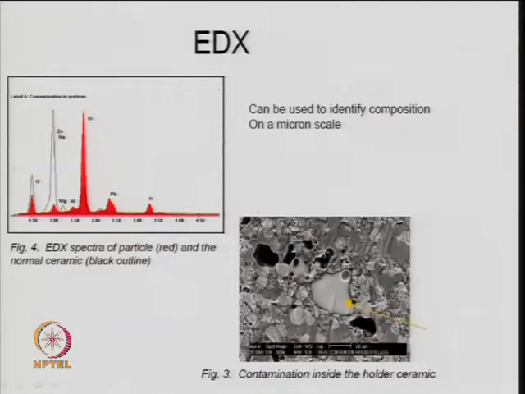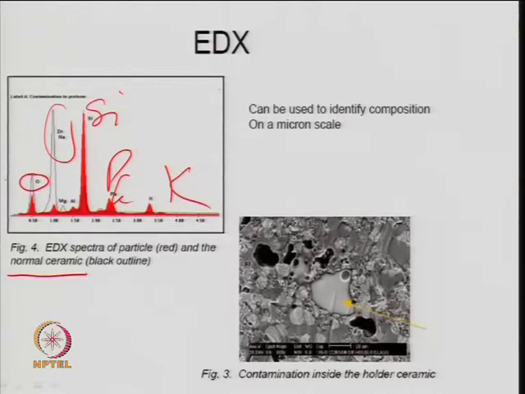When you do EDX, then you can have the composition also. So, like oxygen, zinc, sodium, silicon, lead, potassium. So, this is just for a ceramic material, like the red particles which have been shown here, the EDX spectra of the particle, and this black outline is just for the normal ceramic material.